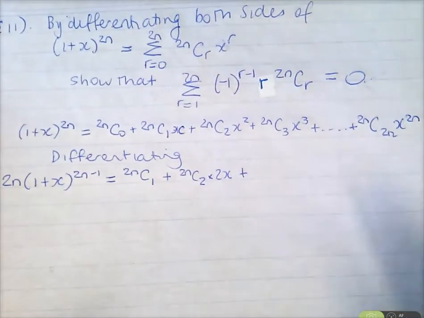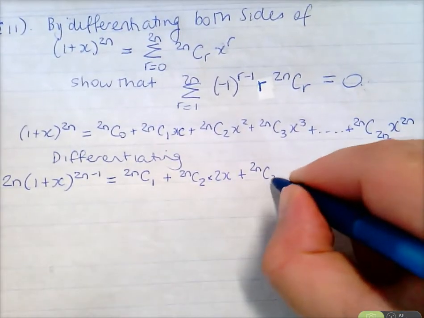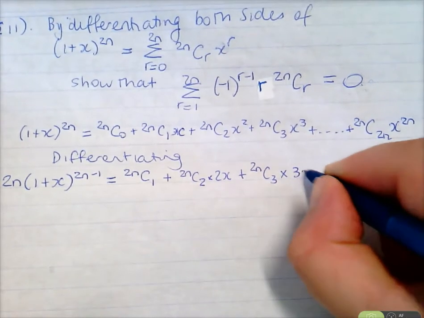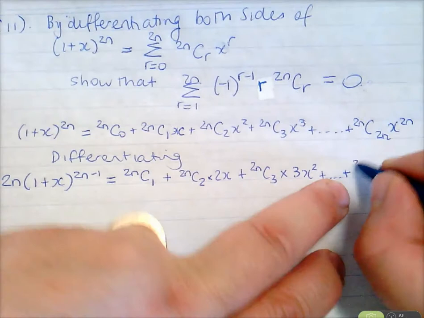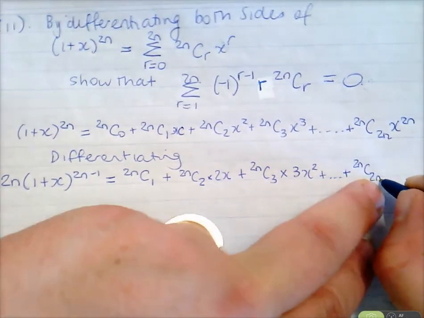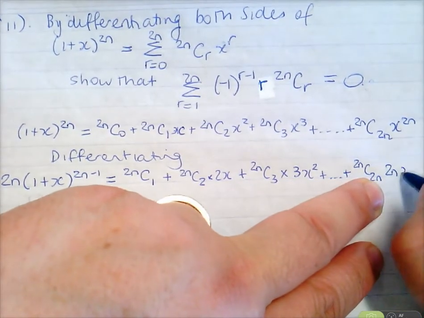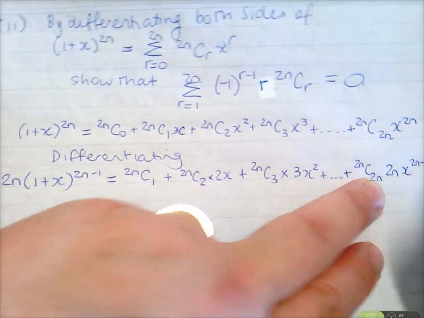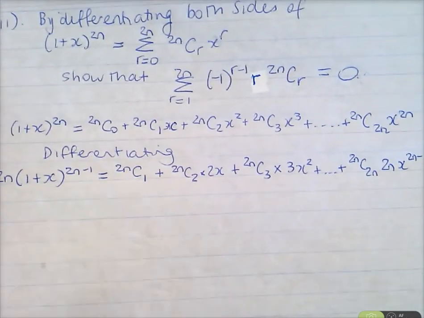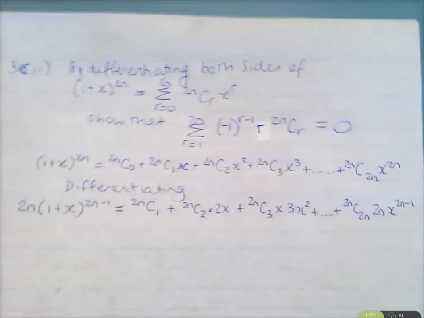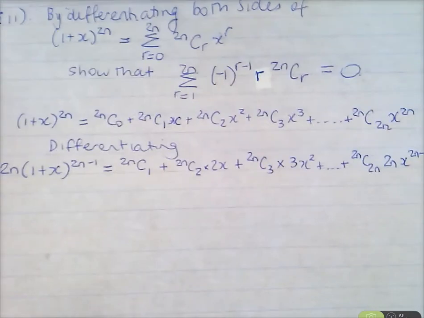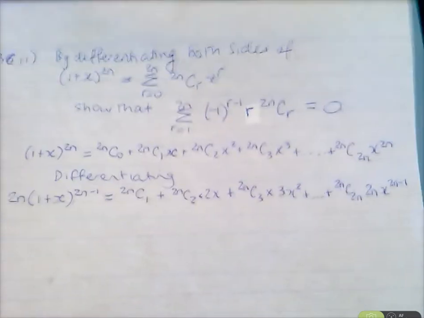The next one, 2nc3 x cubed, differentiate it, you get 2nc3 times 3x squared, all up to the last term. If you differentiate that, you get 2nc2n times 2n x to the 2n minus 1, because we're bringing the 2n down to the front. Remember, the 2nc2n is just a constant, which actually happens to be 1, but we don't write that yet.